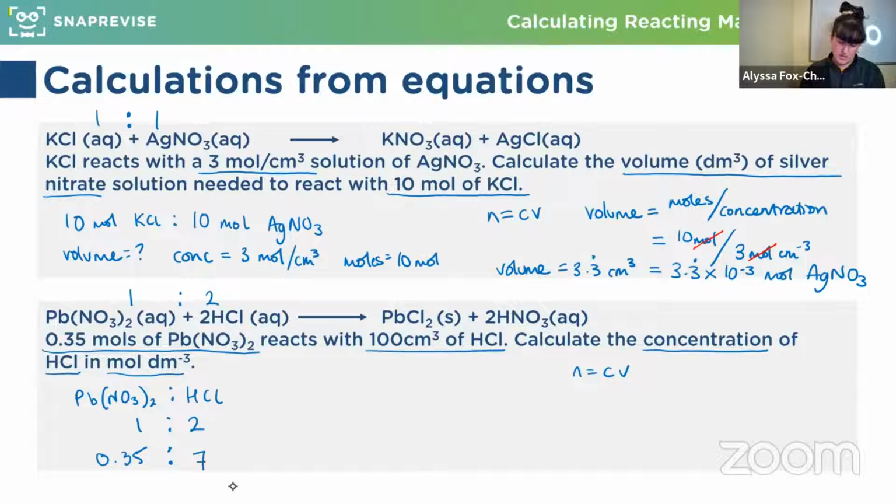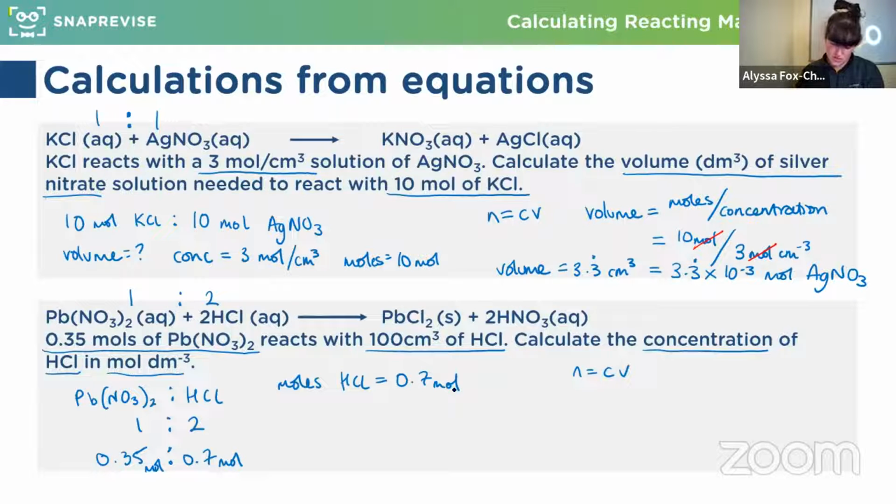I should need twice as much, so 7 moles. Oh, sorry, 0.7 moles. I forgot my decimal place. So my moles of HCl are twice the moles of lead nitrate, but they are 0.7 mole. Then I can just plug some numbers in.